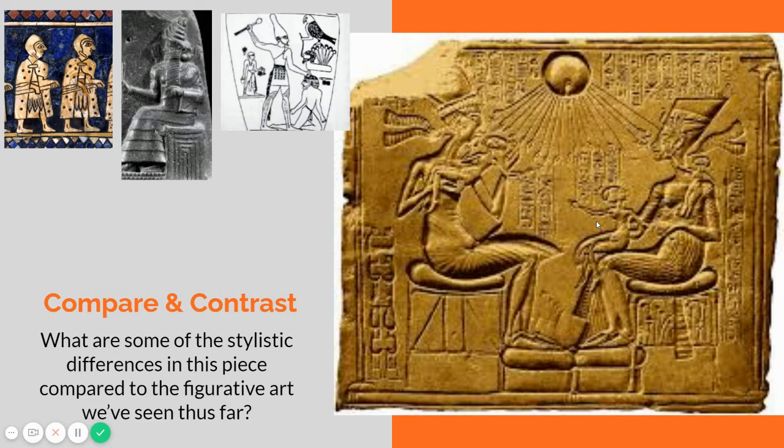How are the figures changed? How are the lines and the shapes different? The hieroglyphics appear to be the same, but I really just want you to focus on those figures for a second.